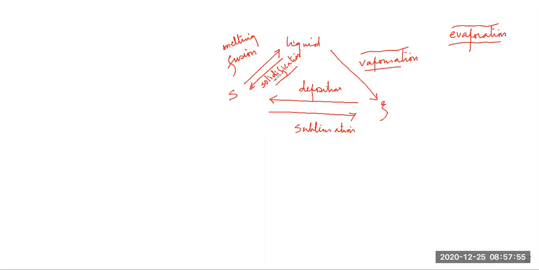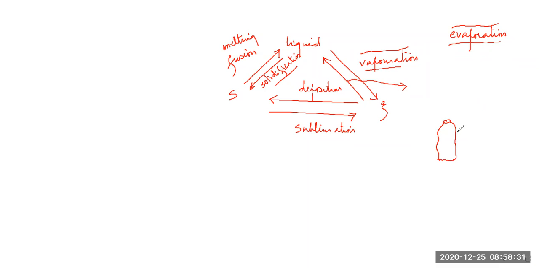And one more thing, gas into liquid. When I convert gas into liquid, any student can tell me this process is known as, sir, condensation. Yes, gas into liquid. There is a gas like water vapor, they become liquid. Imagine, students, you are having a bottle. Let's say you have a small bottle or a cold can.